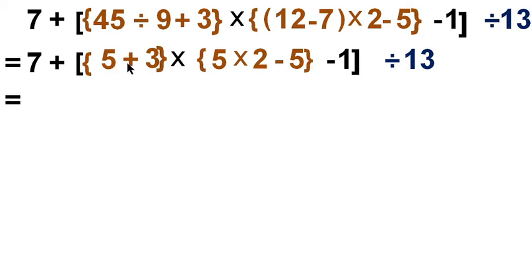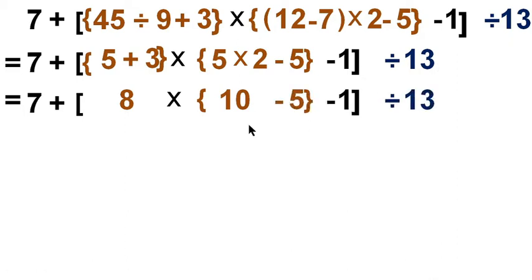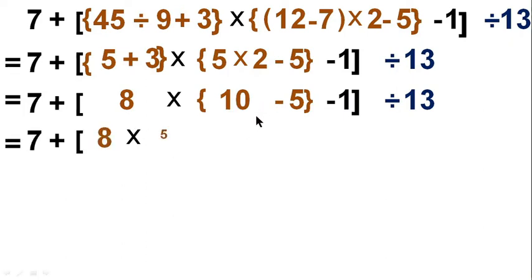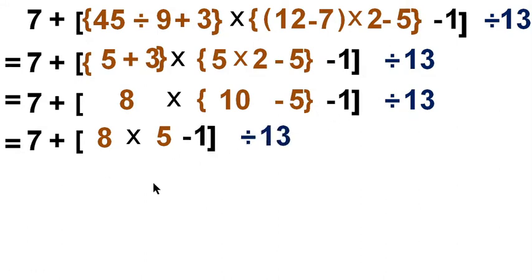That means we will get 8 here, and here 10. 5 multiplied by 2 is 10, and minus 5, minus 1, all these will be written here same. And in this line we have to solve second bracket, and if we subtract here we will get 5. And all these will be written here same.